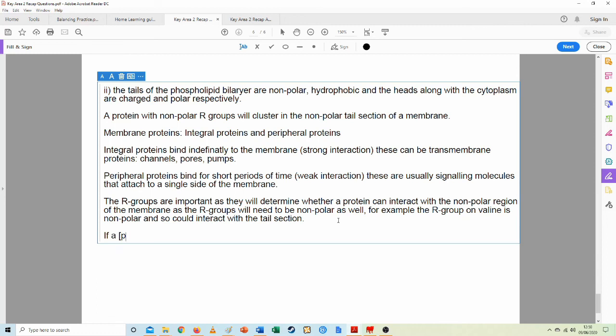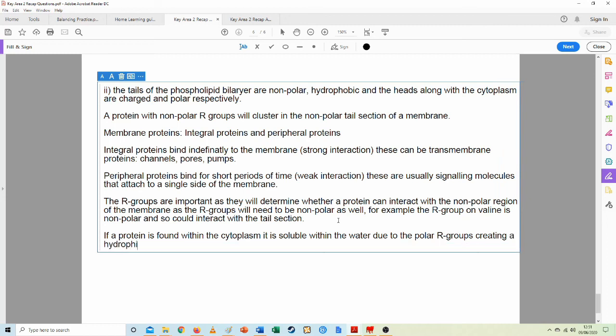We could even talk about those globular proteins, I think that was in the marking scheme as well.